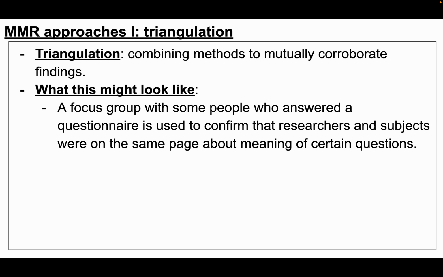And the researchers just simply didn't realize this until they looked at some of the responses. They thought, wow, that's really wacky. And then they convened some people that lived in these areas and figured out, oh, they're misunderstanding what we mean, or we're miscommunicating. So that's what triangulation might look like.